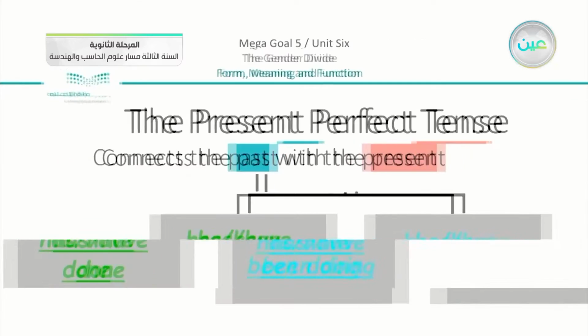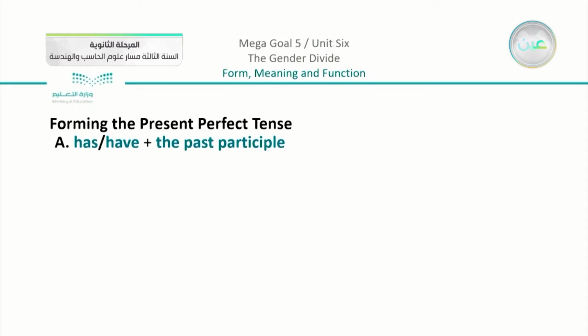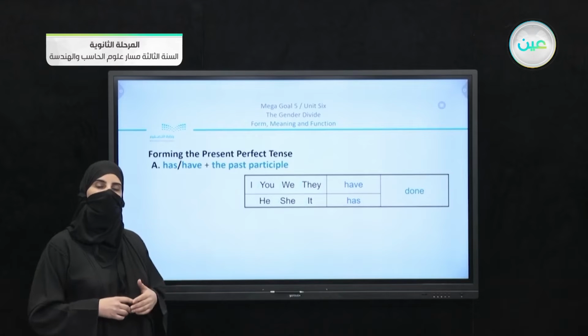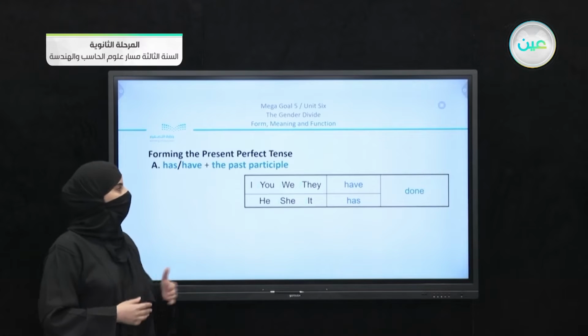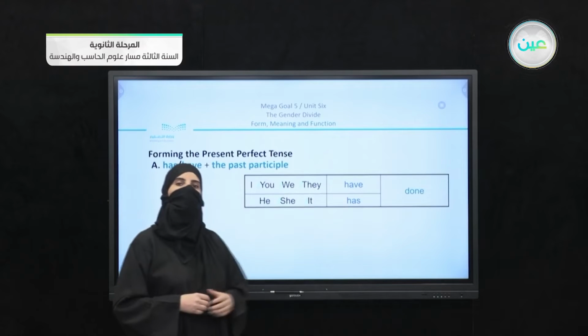Now, how is this formed? We're going to see. We have the first form, as we said, has and have plus the past participle. You can see that we have this table. We do have the pronouns used for plural, and of course they take have. We have these singular pronouns that take has, and either they are singular or plural, they come with the past participle.